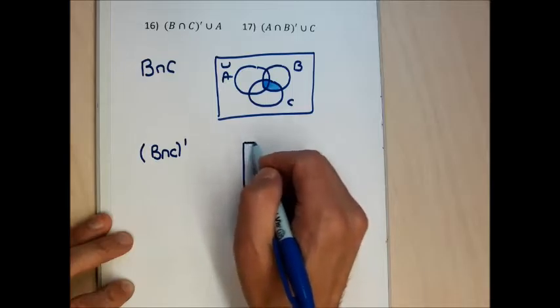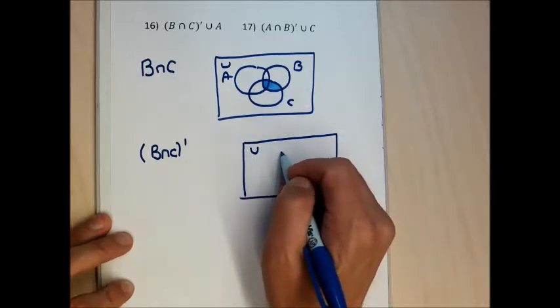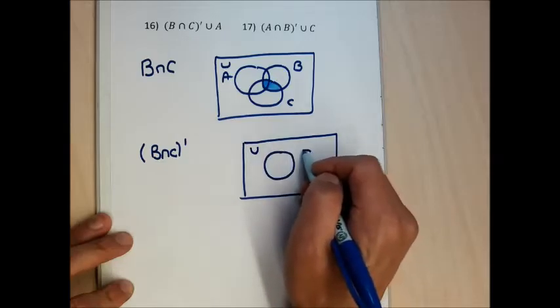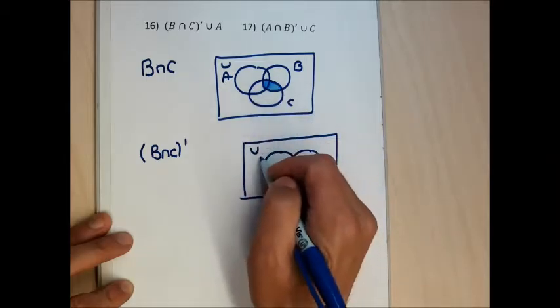So now I'm going to draw the complement of B intersection C, and that is going to cover up almost everything because the only thing that's going to be left white is the area that's blue.